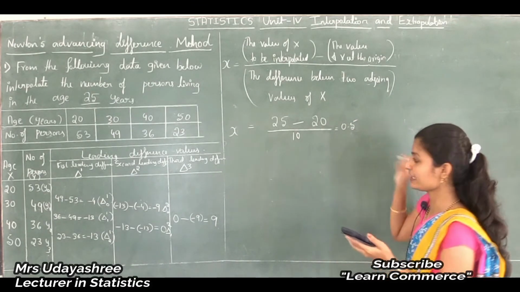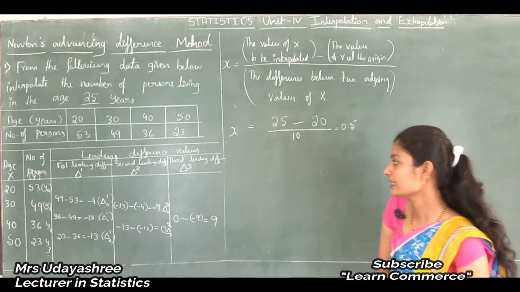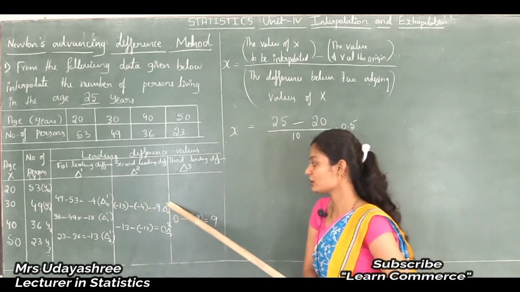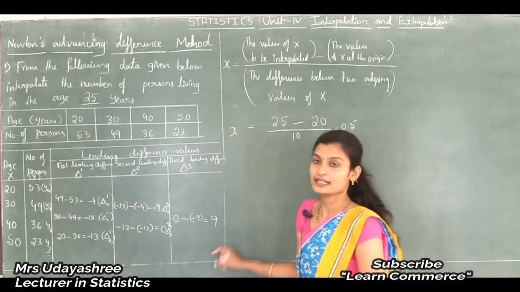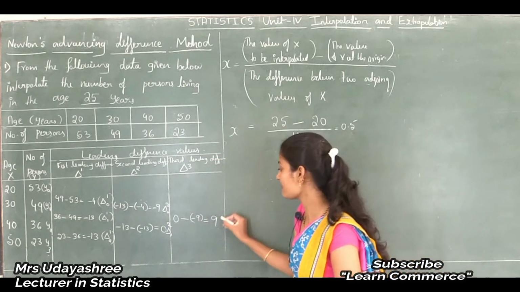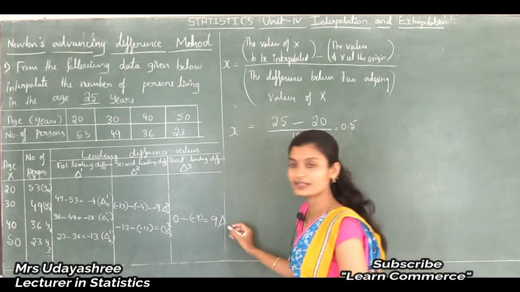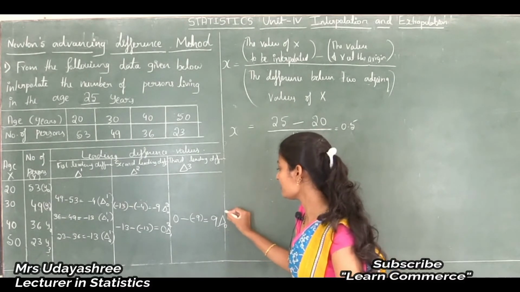So here we got the x value, and here we got delta naught 1, delta naught 2 and delta naught 3. These are the leading difference values; in the third column there is only one value, that is delta naught 3.